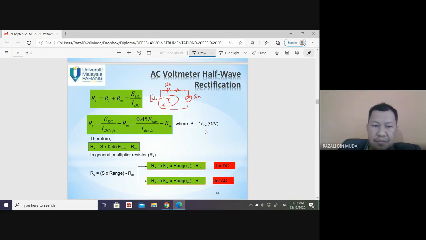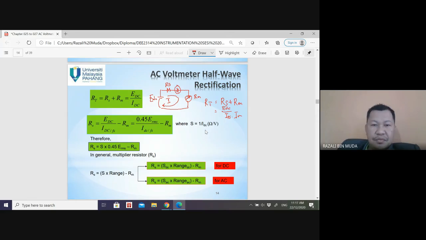From this circuit, R total is RS plus RM in series, assuming that the resistance of the diode is 0. So R total equals V over I, which is EDC over I full scale, or IM, also can.